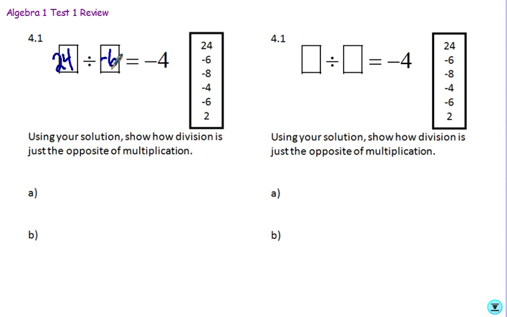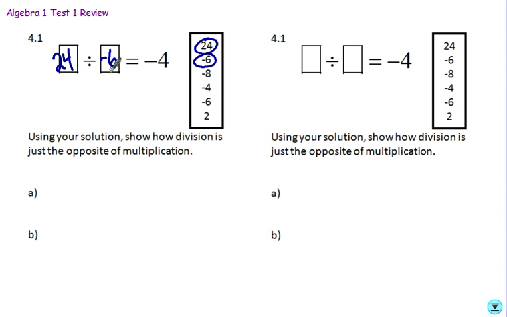Part of what we wanted to see here, it says using your solution show how division is just the opposite of multiplication. What we mean by that, let me circle my answer here, 24 and -6, is that when we're saying 6 goes into 24 4 times, another way to think of that is, if you looked at it from left to right, this says 24 divided by -6 equals -4.